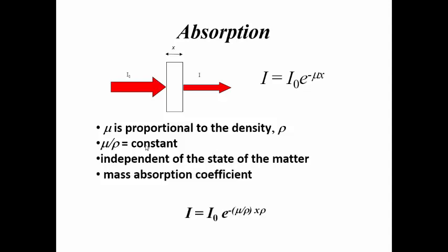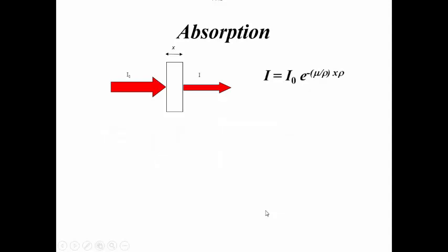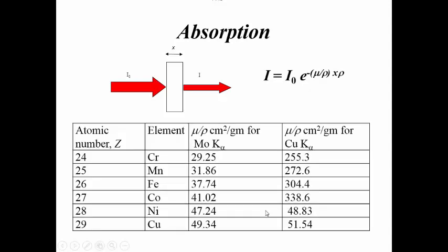And so we tend to write this formula for the absorption as a function of mu over rho, and then of course if we divide through by the density, we've got to multiply that out up here. So here's the atomic number, and here's mu over rho, and notice this is an increasing function.